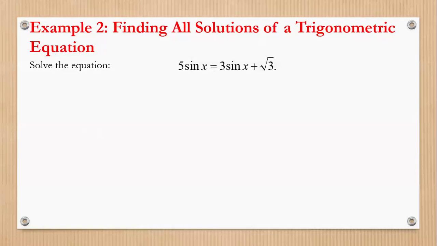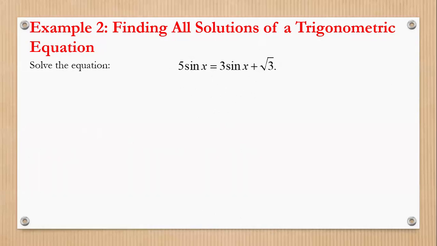Okay, next example. We want to solve this equation. I want to find x, an angle, but this is a little complicated equation because I have no idea what the sine is equal to. So the first step is to isolate the sine, because before finding x, we need to know what the sine is equal to.